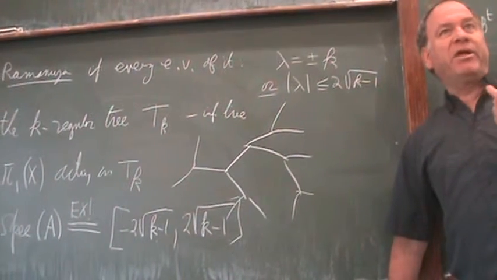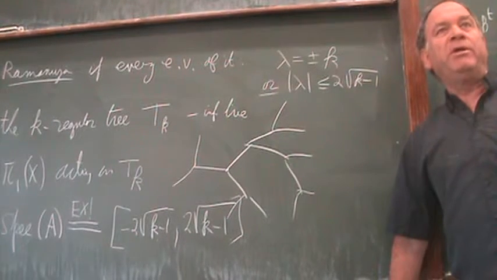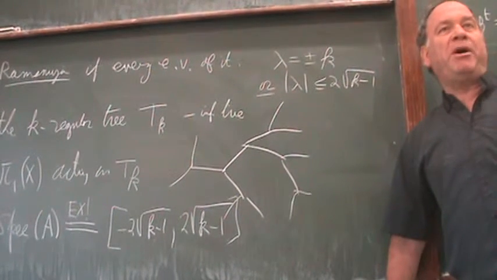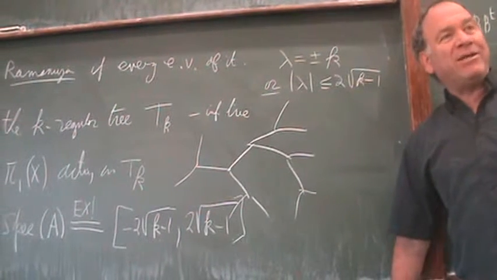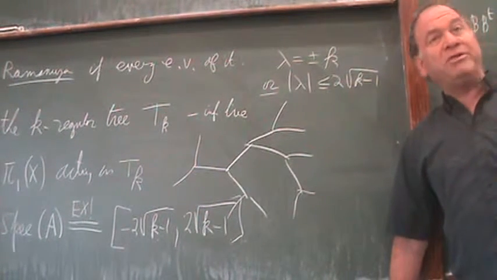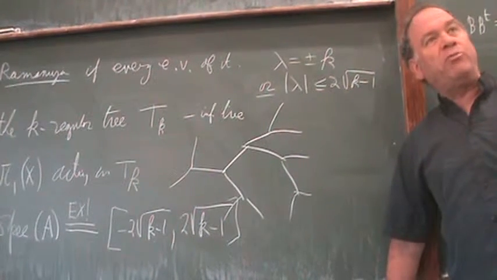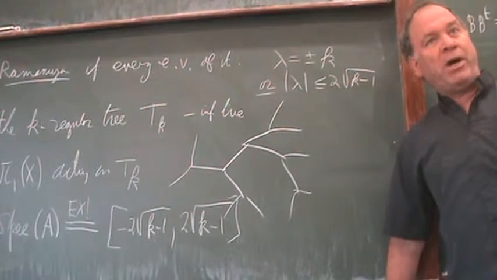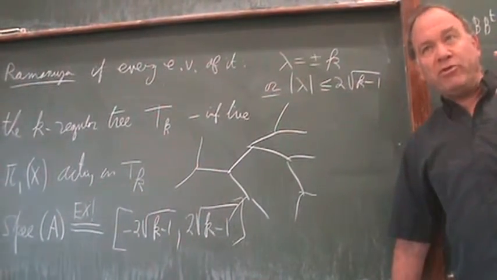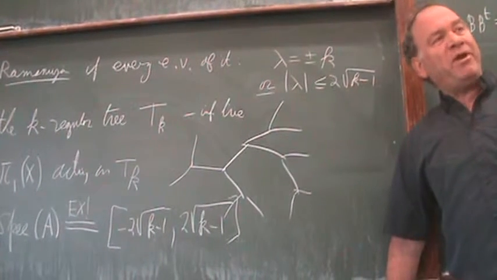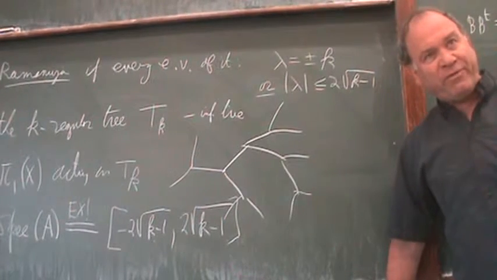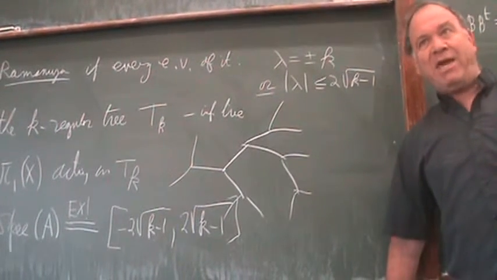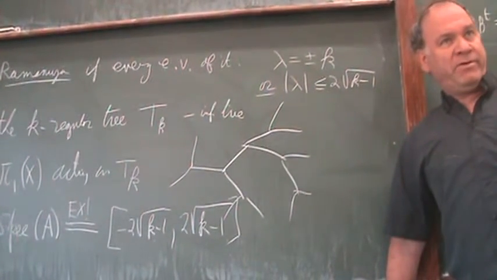If the degree k is equal to q plus 1, then I should bound by 2 square root of q. Now, this is not a contradiction to the Alon-Boppana theorem, I stress that point. Why? Because the Alon-Boppana theorem is about an infinite family of k-regular graphs for the same k. Is it clear?